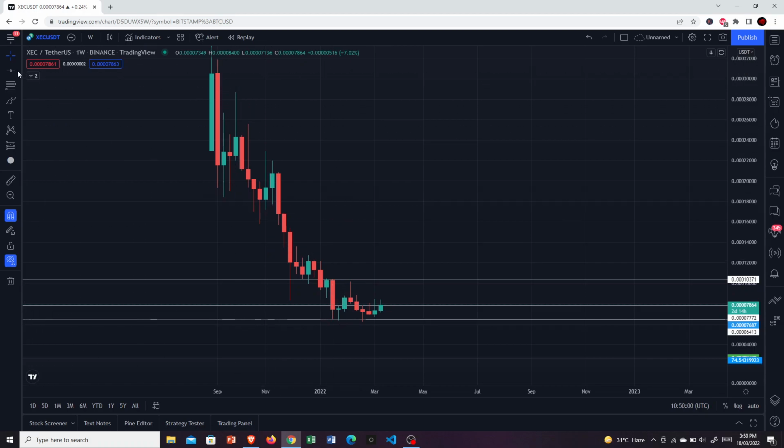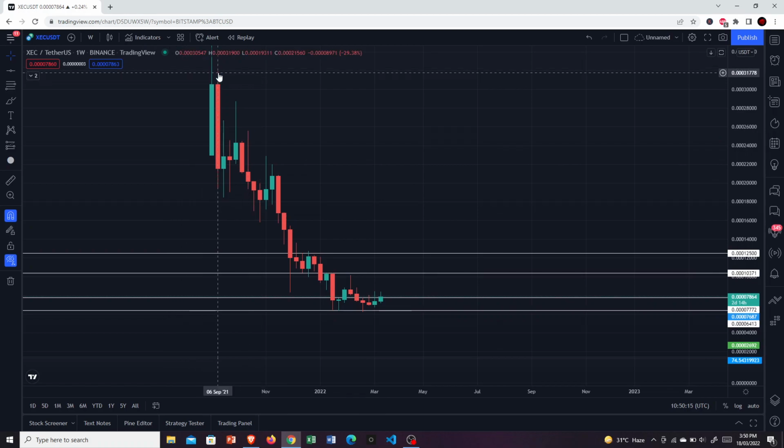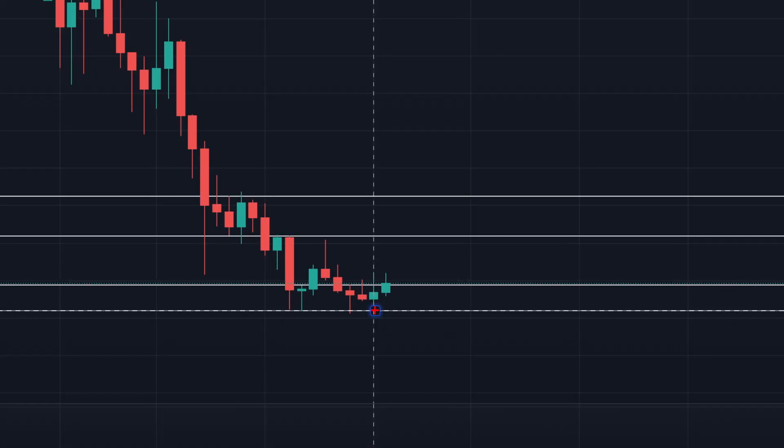Okay. Another important level over here will be this one, since this was the last red candle after which the uptrend started, but it didn't last that long. So as you guys can see, XEC has been over here in an extreme downtrend, and things don't look that good for XEC right now, but it has been holding above the 0.06391 support.